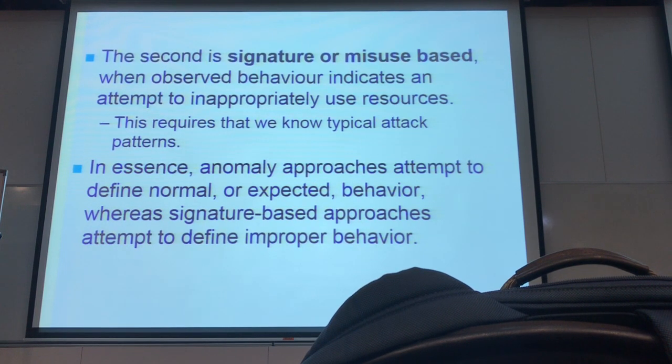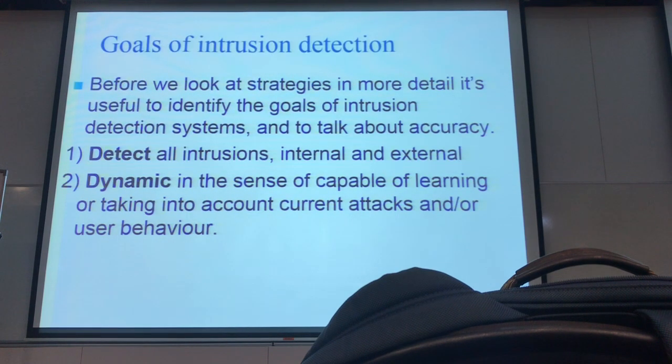So essentially, anomaly detection attempts to define normal expected behavior, but the signature-based approach attempts to define the improper or abnormal behavior. Right, so before we look at the details, we look at some goals of intrusion detection.